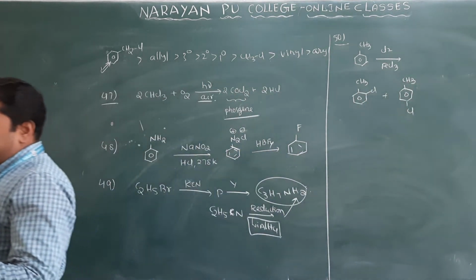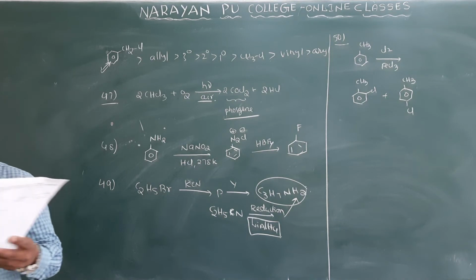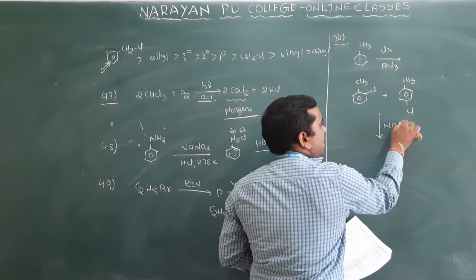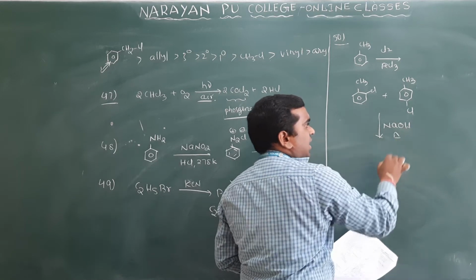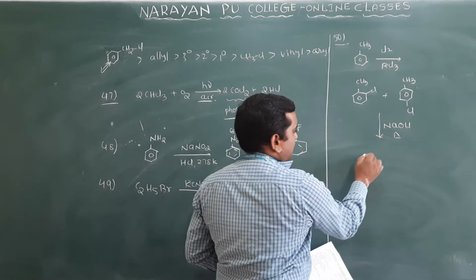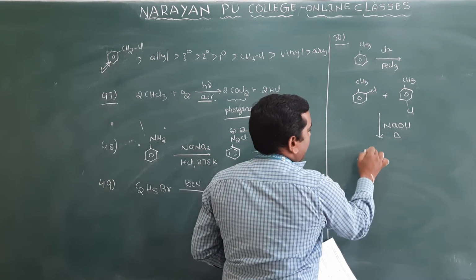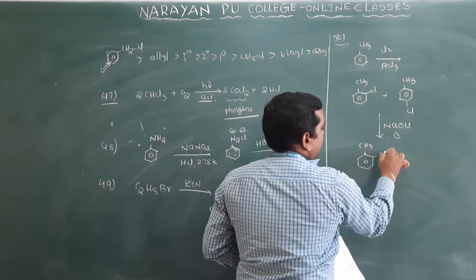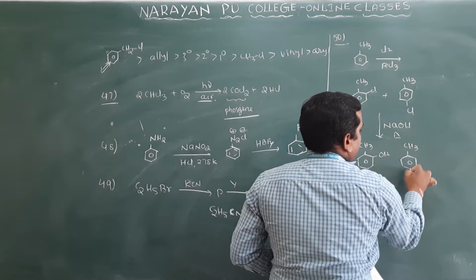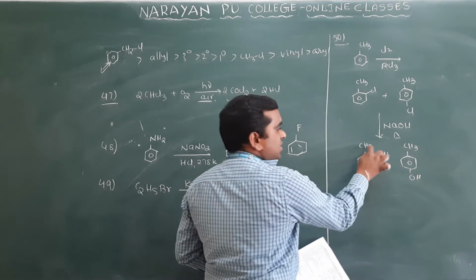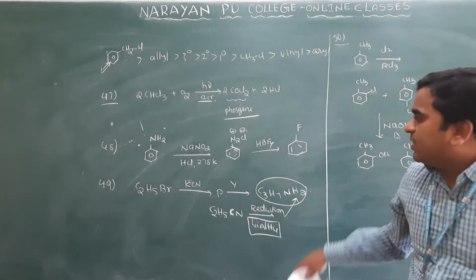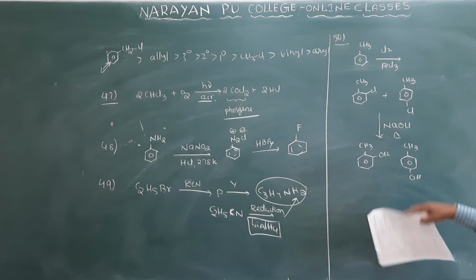Followed by treatment with NaOH, you have to maintain very drastic conditions, then nucleophilic substitution takes place, otherwise it won't. Then you will get CH3 and OH on the benzene ring, which we call cresol: ortho cresol and para cresol.